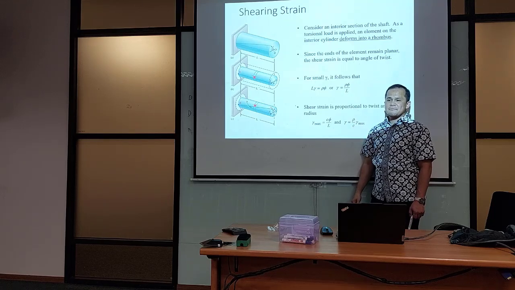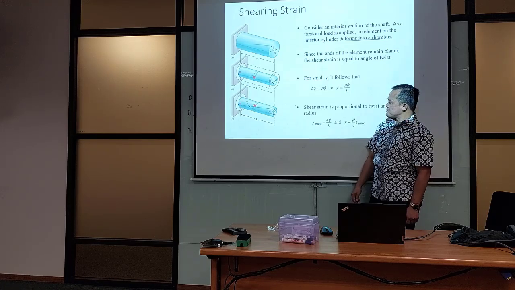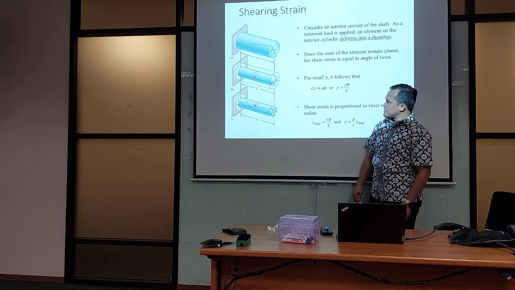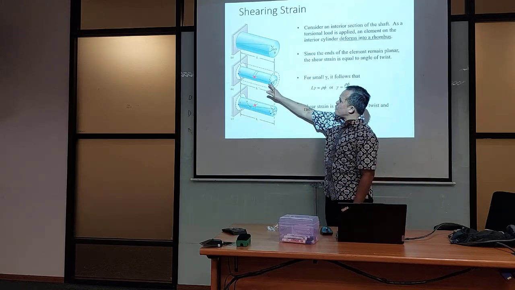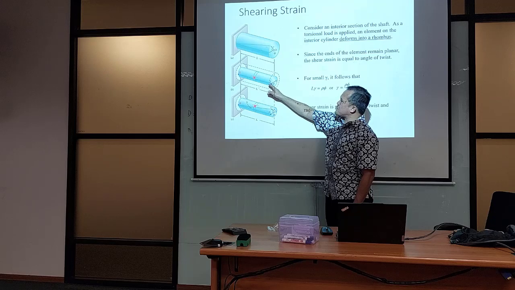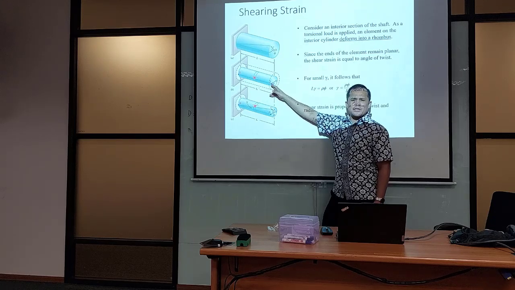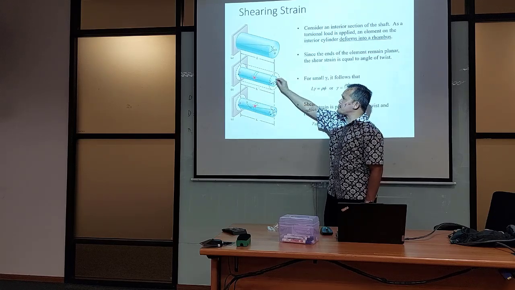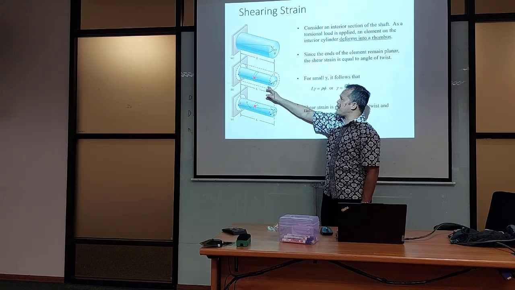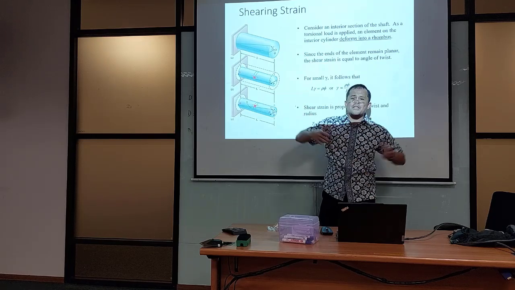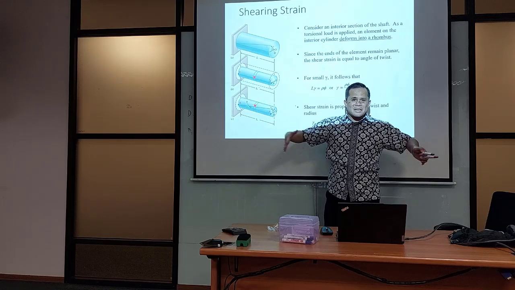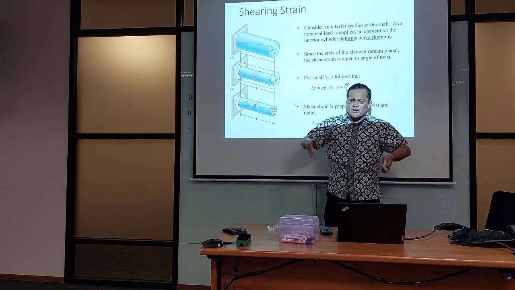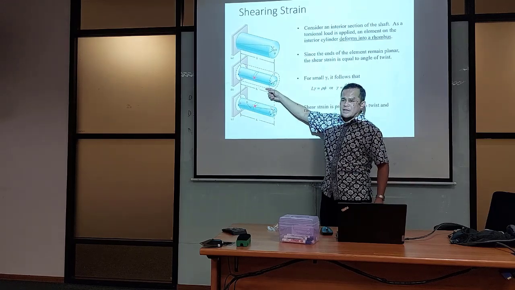L is the length of shaft. Okay? If you are working at this point, this is it. What if your shaft is bigger? Just make it bigger so the position can be moved to the outer space. You're working in the inner space, making it outer as you move to the surface.